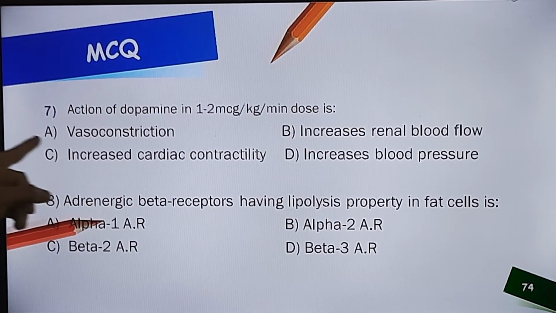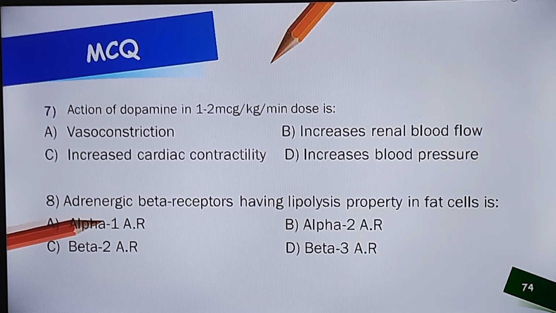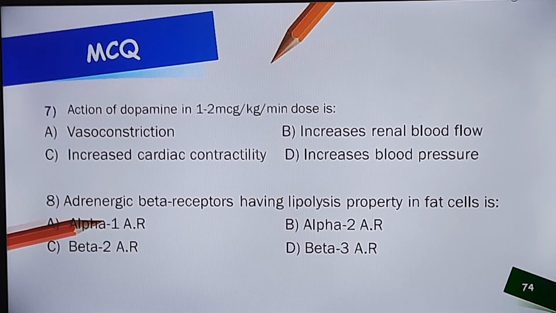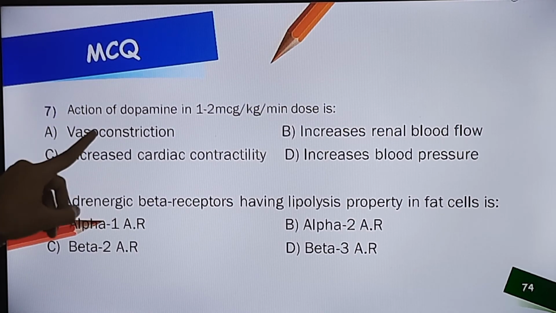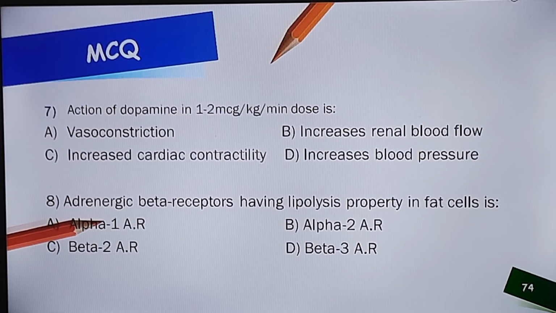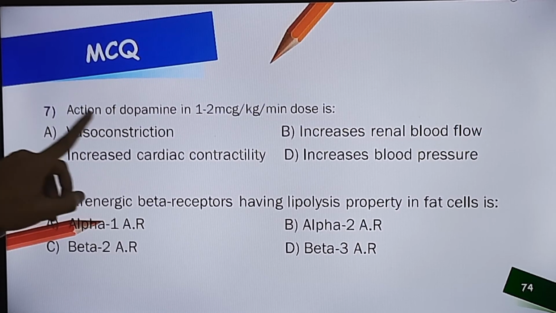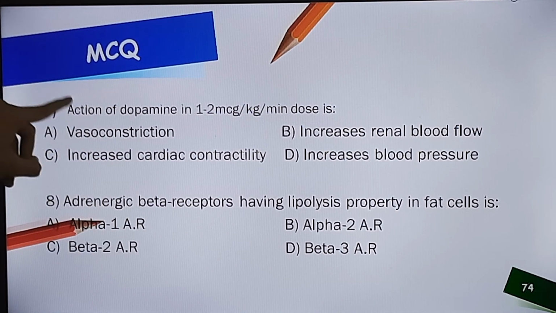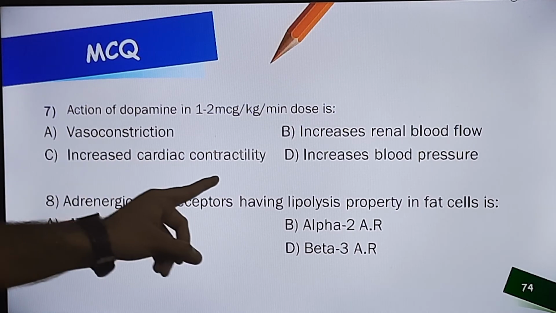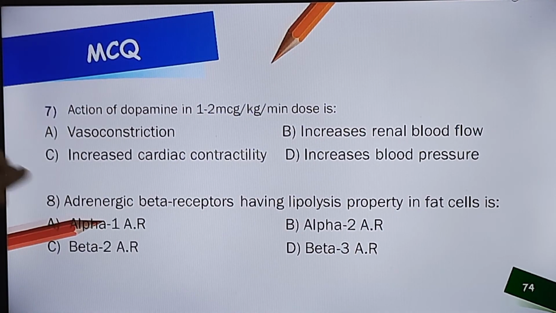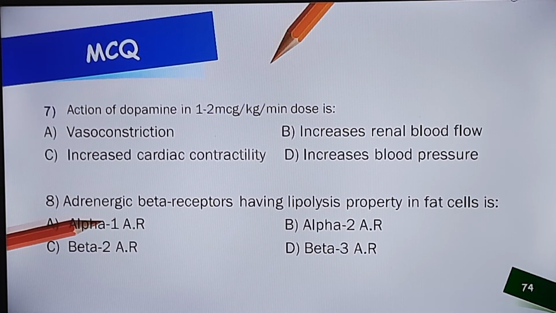Now vasoconstriction कब होगा? Remember, vasoconstriction के लिए we need to stimulate our alpha 1 adrenergic receptor, and dopamine in high dose can stimulate our alpha 1 adrenergic receptor. So in high dose vasoconstriction होगा, and because of vasoconstriction there can also be increase in the blood pressure. Cardiac contractility कब increase होगी?